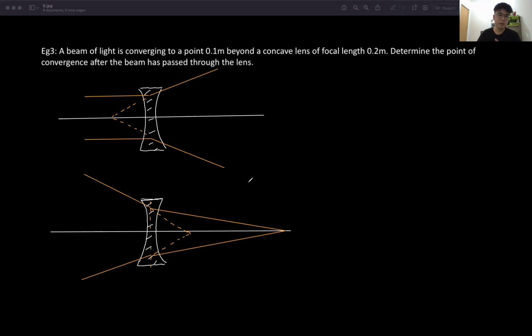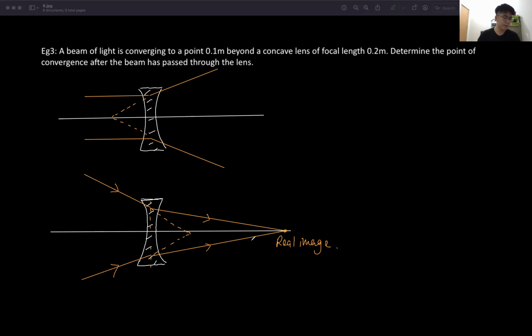This point, where the actual light rays meet, forms the real image. So a concave lens can form a real image provided that you have the light coming like this. But if the light is parallel to the principal axis, then they can never form a real image unless you have a converging beam like this.